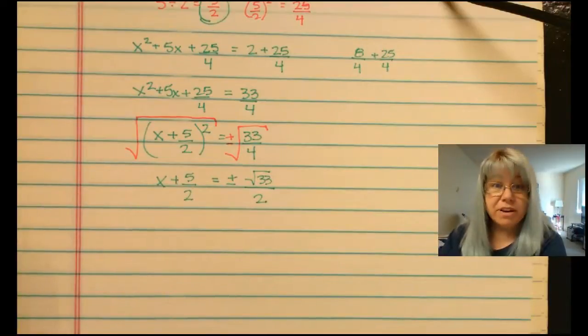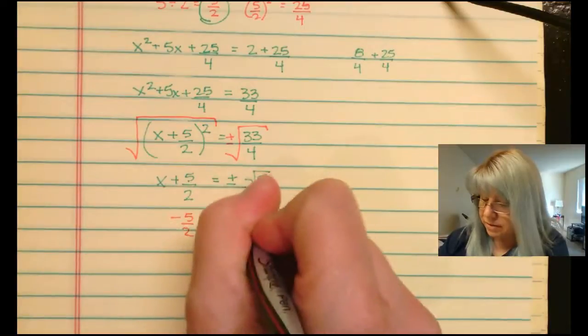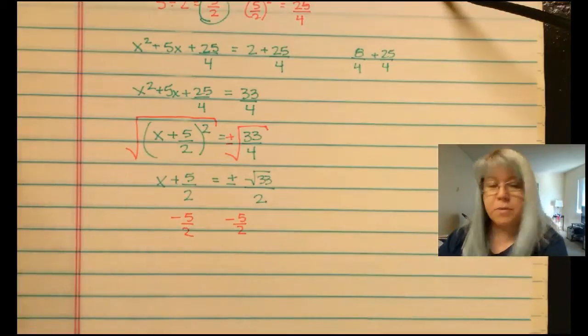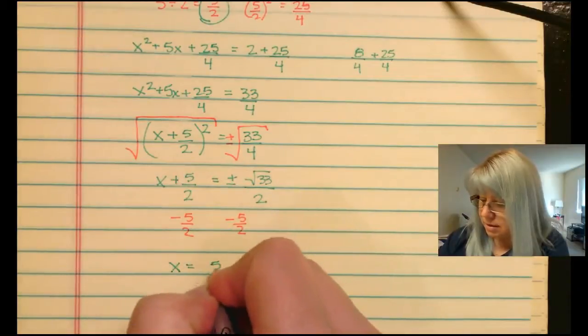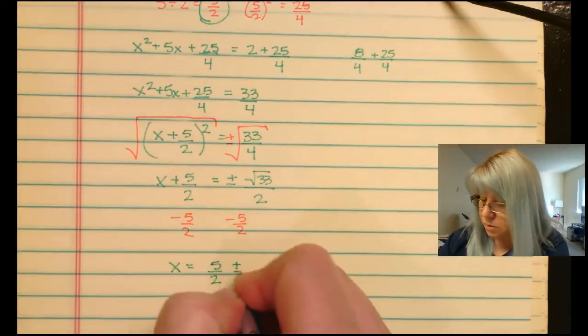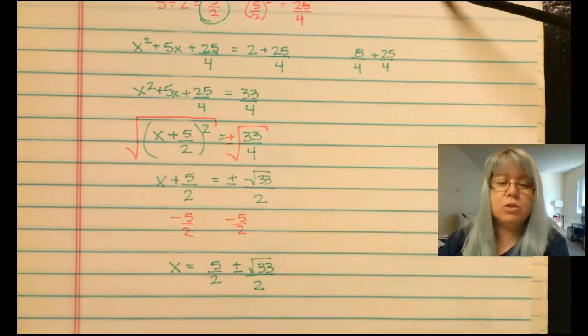Now I'm just going to solve for x. Subtract 5 halves from both sides, giving us x equals negative 5 halves plus or minus the square root of 33 over 2.